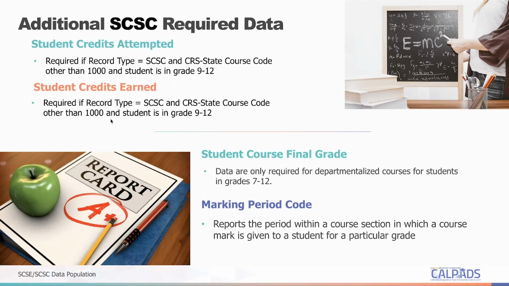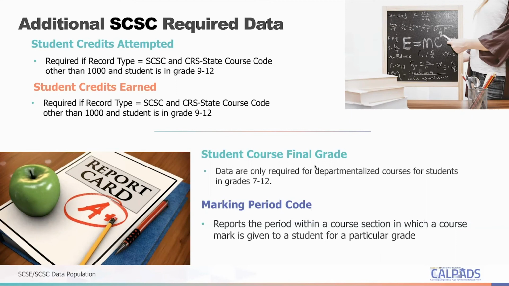Student credits earned is a count of the credits, Carnegie units, earned after a student completes a specific course section. Again, the requirement is it is required if the record type is SCSC, so you're only submitting this information for the student course section completion, and if it has a state course code other than 1000, meaning it's a departmentalized course, and it is in grades 9 through 12.